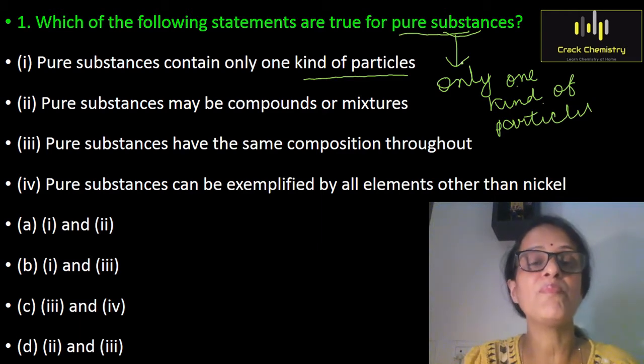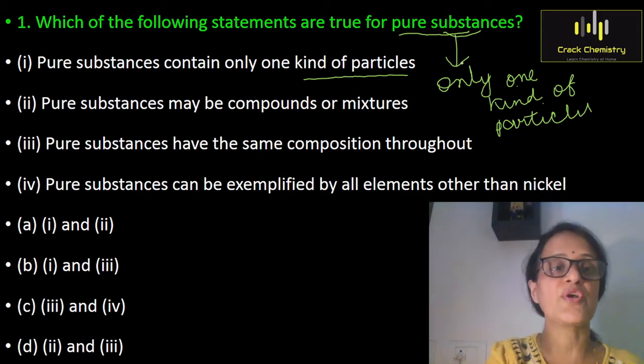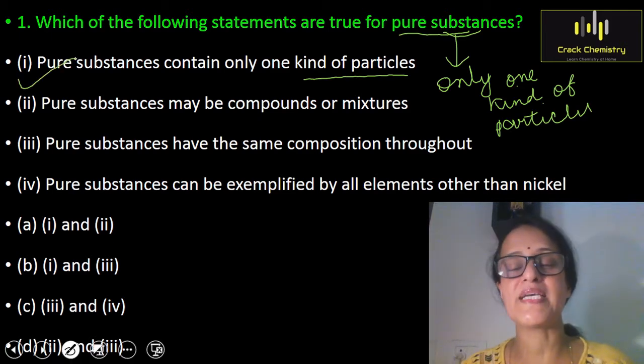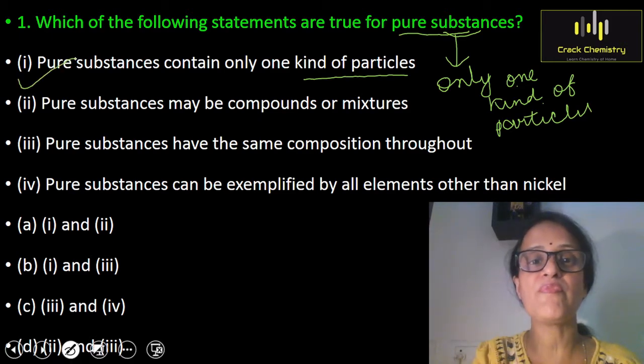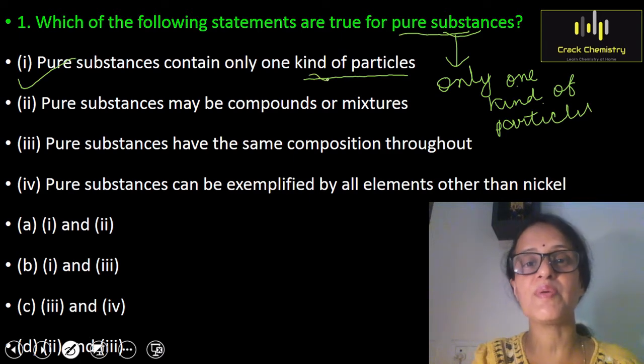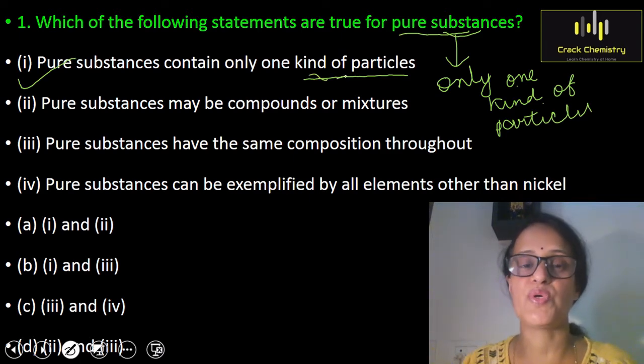Or they may be molecules of an element like hydrogen H2, nitrogen N2, they all are molecules of an element. So the first option is a correct option, that pure substances contain only one kind of particles, and this one kind of particle may be atom, it may be molecule, it may be compound.